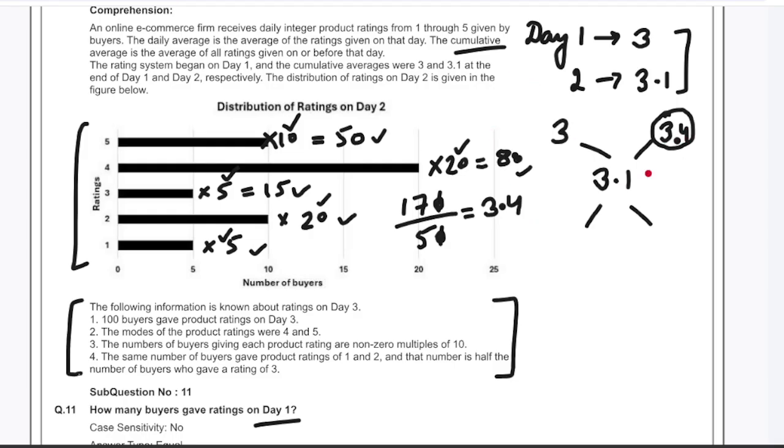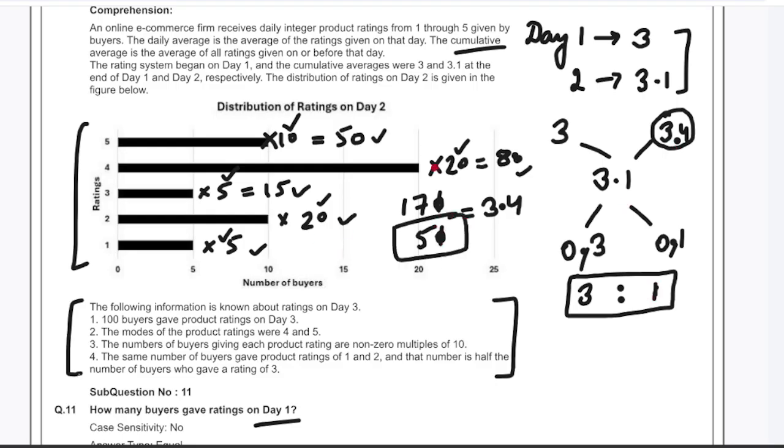Now by the use of mixture and alligation, we take the difference between 3.1 and 3.4. The difference is 0.3, and here the difference is 0.1. The points get cancelled, which means the ratio of the quantity should be 3 to 1. I know the number of people voting on day 2 is 50.